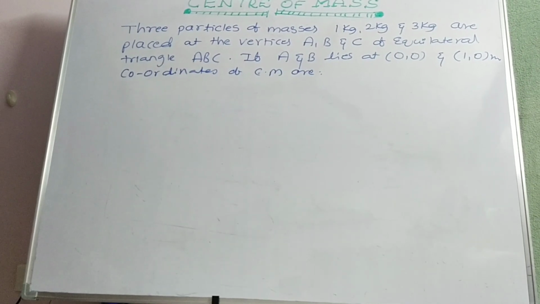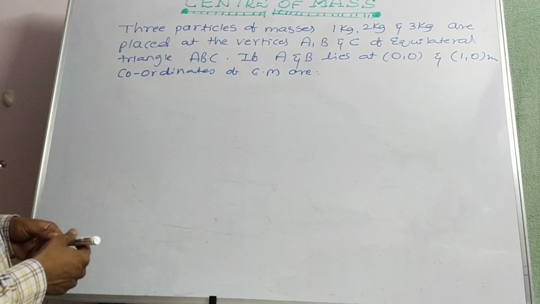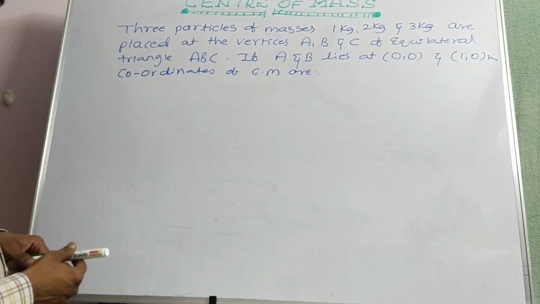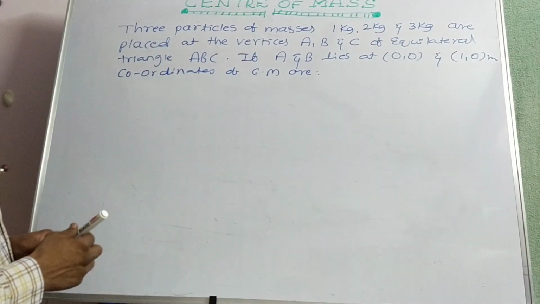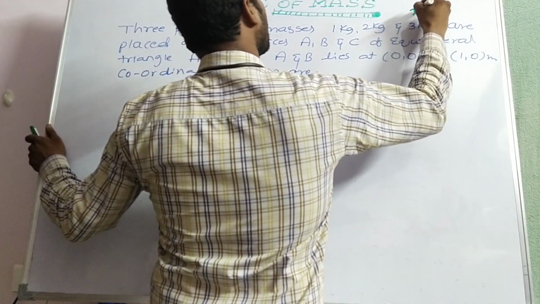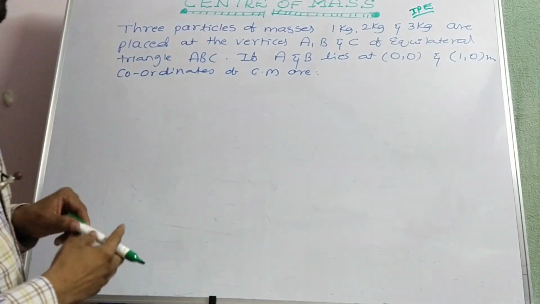Here we have three particles of masses 1 kg, 2 kg and 3 kg placed at the vertices A, B, C of an equilateral triangle ABC. If A and B lie at (0, 0) and (1, 0) meter, the coordinates of the center of mass are? It's very important for the intermediate public examinations also.